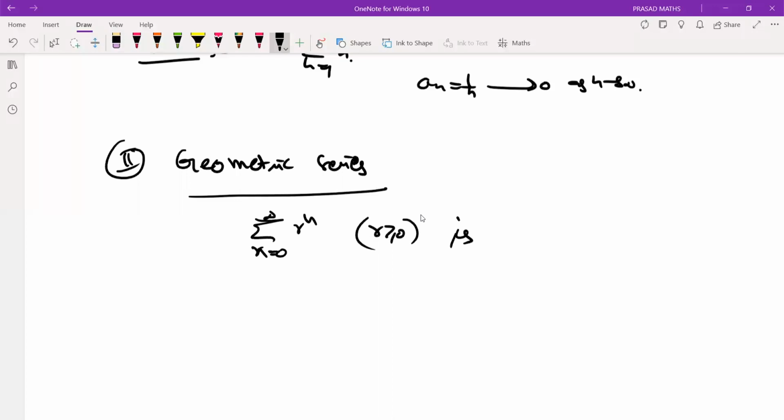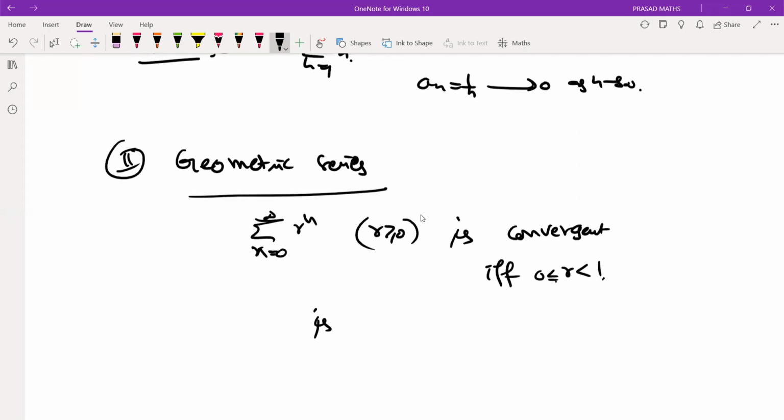This is convergent if and only if r must be less than 1. Of course r equals 0 is always fine, with the same limit value 0. This is a shortcut. This is convergent if and only if the r value is less than 1.